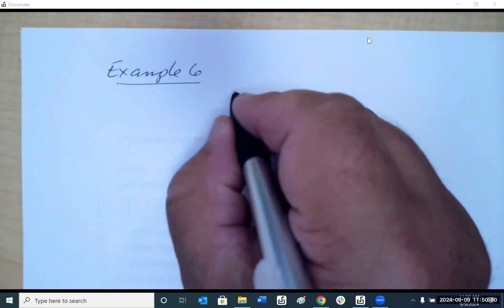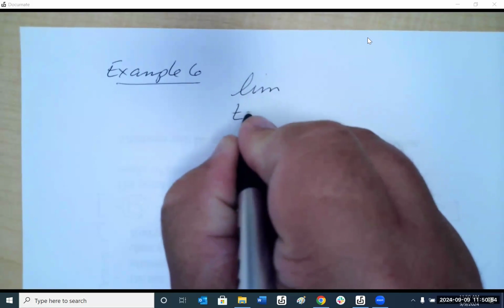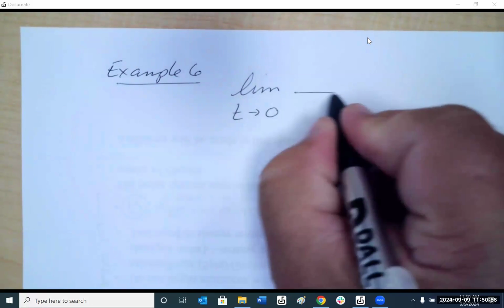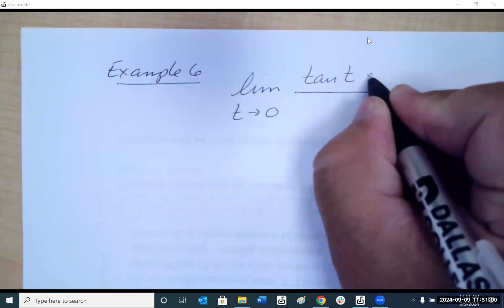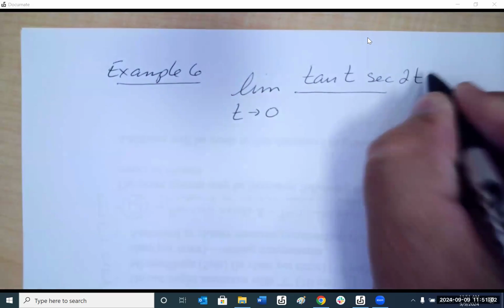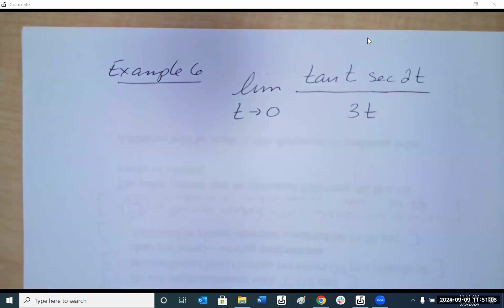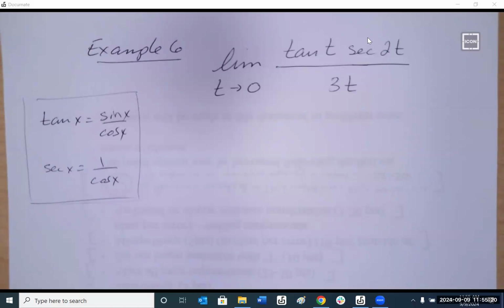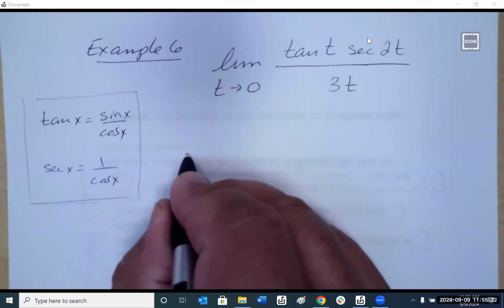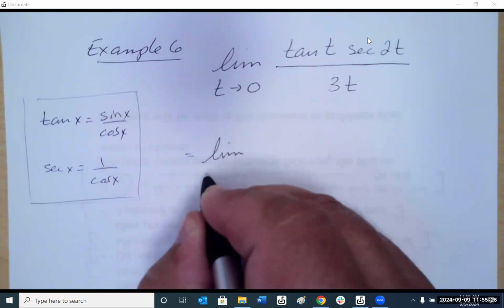Okay, find the limit as t goes to 0 of tangent t secant 2t over 3t. All right, let me pause this. All right, so the first thing we do, let's convert these into sine and cosine.